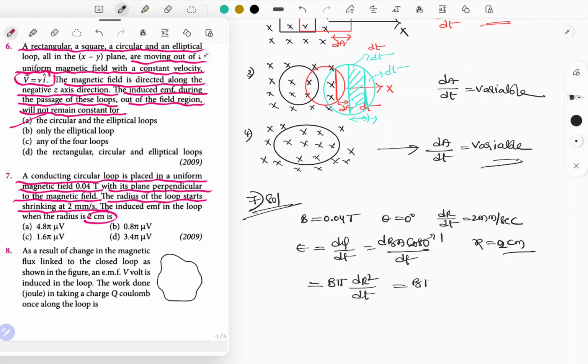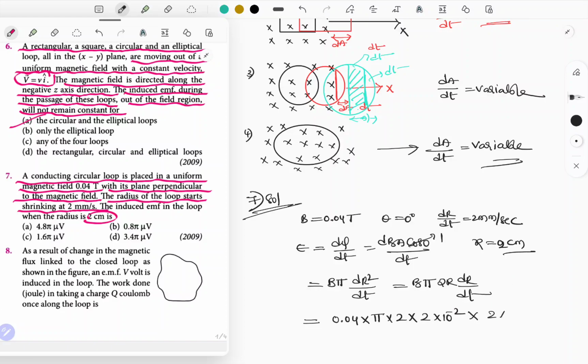So it can be replaced as B pi into 2r dr by dt, where B is 0.04 into pi into 2 into r value, which is 2 centimeter, 2 into 10 power minus 2 into dr by dt.